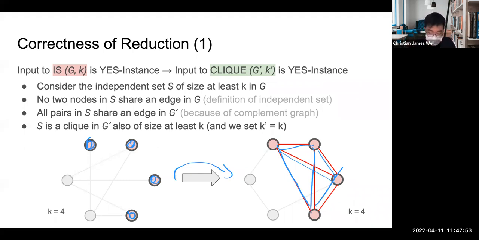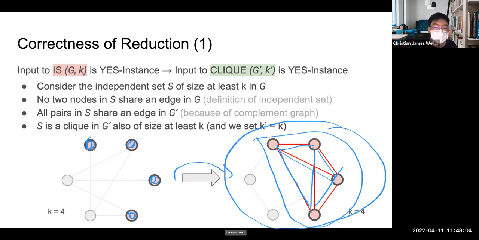Because of that, now we have a clique that is also of size at least K. That means that this new input that we designed for the clique problem is also a yes instance.